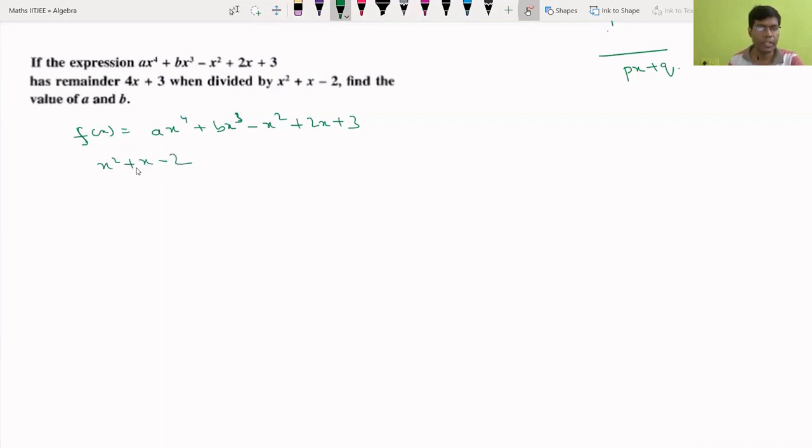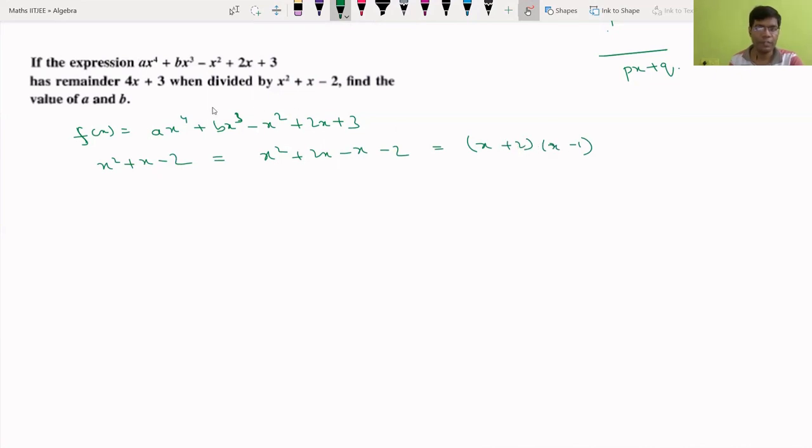This can be written as x square plus 2x minus x minus 2, which is x plus 2 multiplied with x minus 1. So this expression is getting divided by this expression.